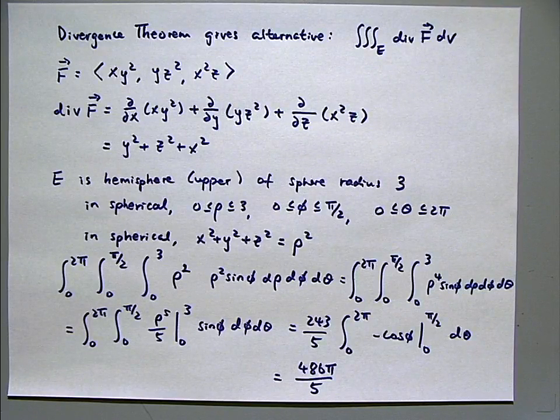How about z? Bounded below by 0, right? What about above? x plus 10. But what is x plus 10 in this cylindrical world? Very good. r cosine theta plus 10. There we go. Okay?